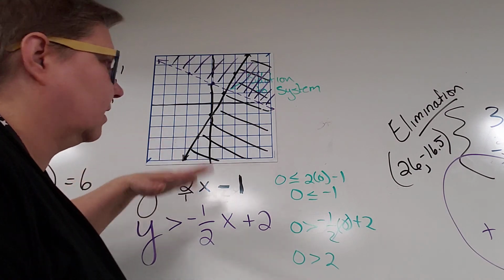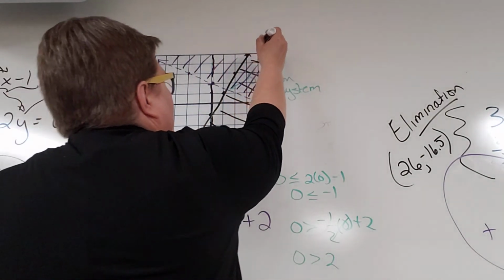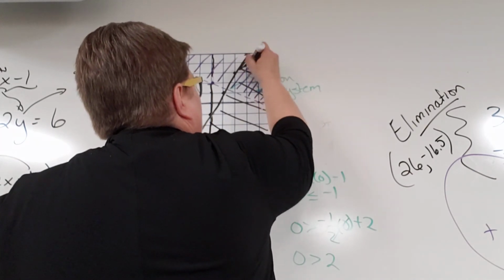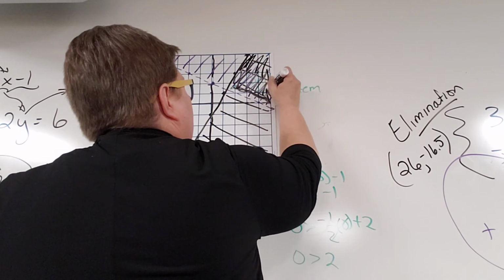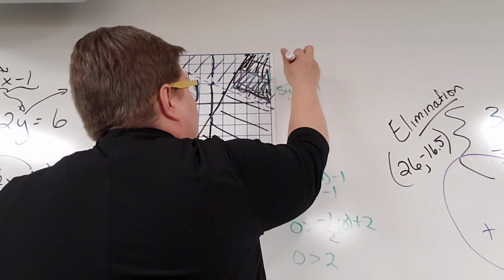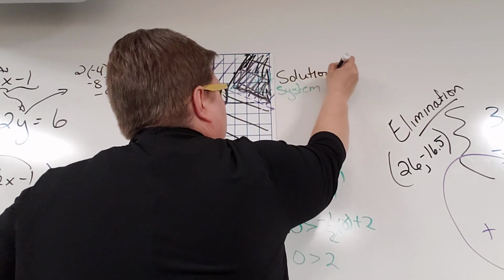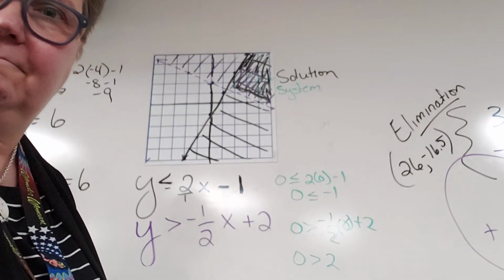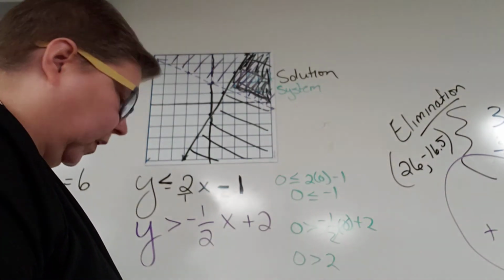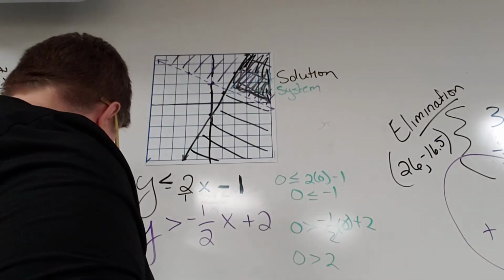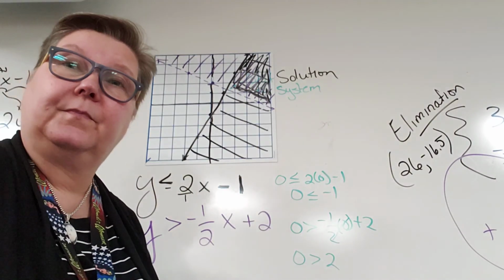If I pick something here, it will work for neither. So this space right here is called the solution to the system. Because we have systems of equalities, which is where the one point comes, and we have systems of inequalities, which is a region.